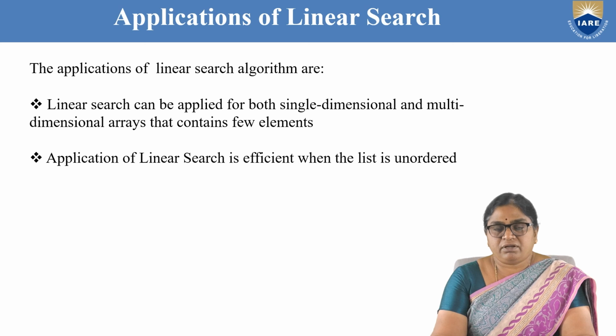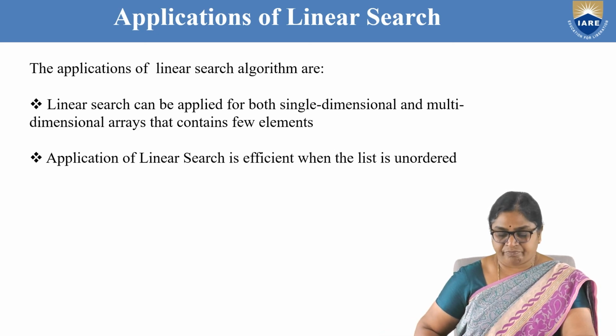And one more application is when the list is unordered, then we will go with the linear search. When the list is ordered, we can apply another searching technique, but especially when the list is unordered, we'll go with the linear search.